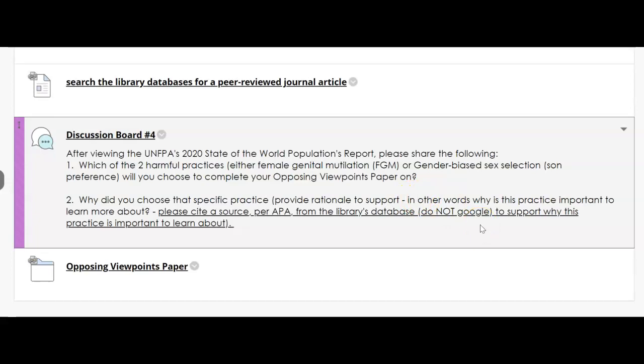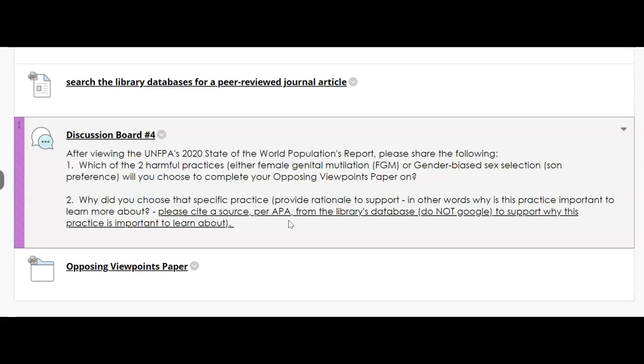So you're going to choose a practice, and then you're going to tell us why this practice is important for nurses to learn more about. And you're also going to do that by citing a source per APA formatting from the library's database. I don't want you Googling and searching the internet.